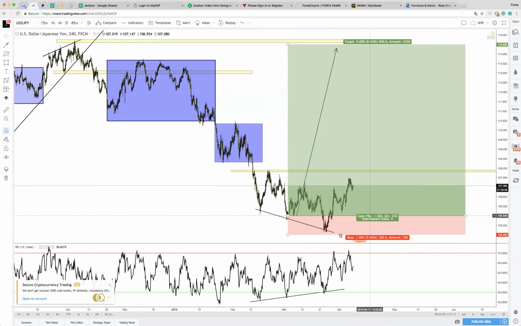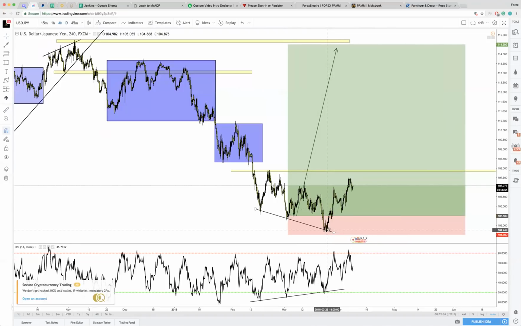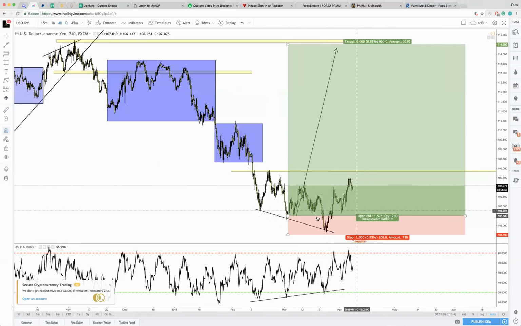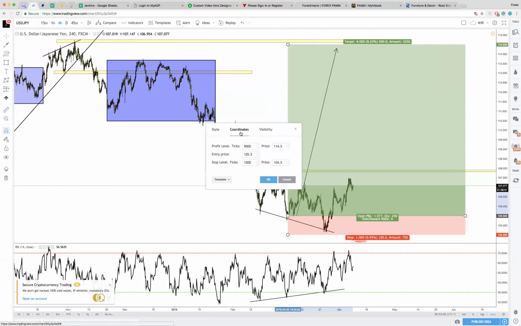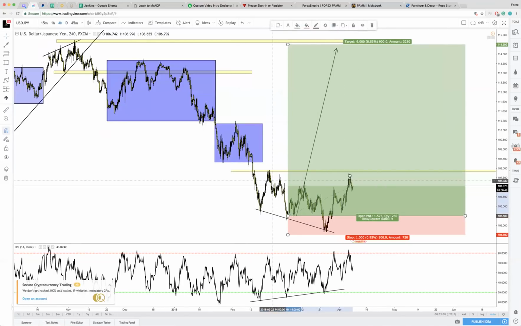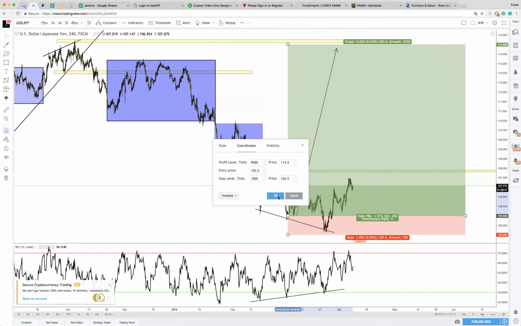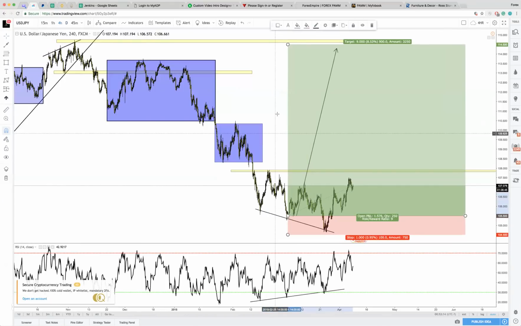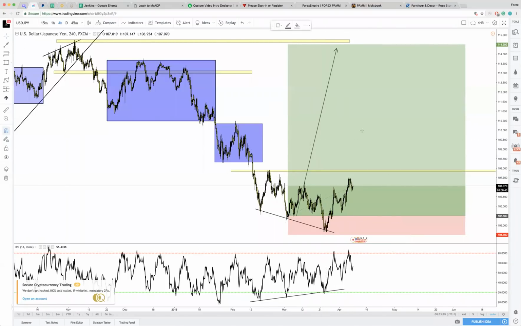We had our stop loss a little bit further up, and we almost got stopped out, but everything is going in our favor. That was around, what, 100 pips? Yeah, so 1% risk for 900 pips take profit. So that's a good trade. That's why we stayed in, and we should be seeing a nice breakout right about here and a nice level consolidation. So let's see how that plays out.